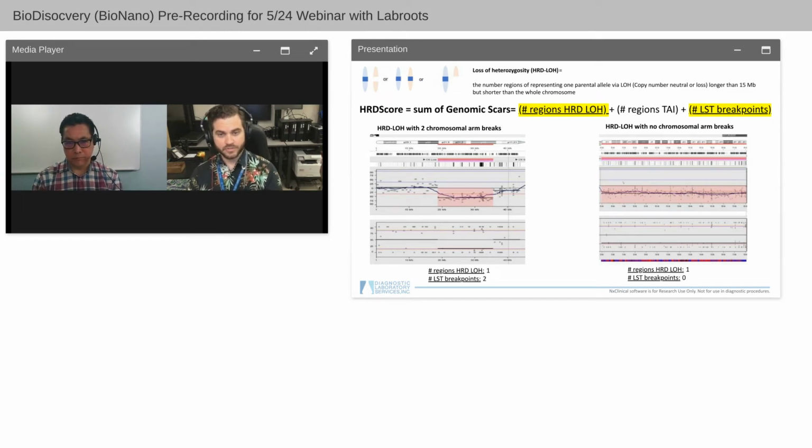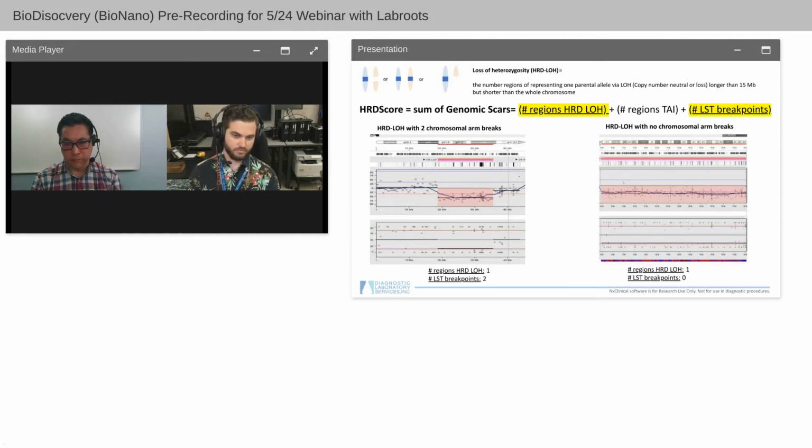So for these 2 examples, our scoring here is shown. We have the integer of the presence. It's the integer of 1 or 0. So on the left, we have an HRD LOH present, as well as on the right. However, the left differs because of the 2 breakpoints, and the right does not have any that we can include.